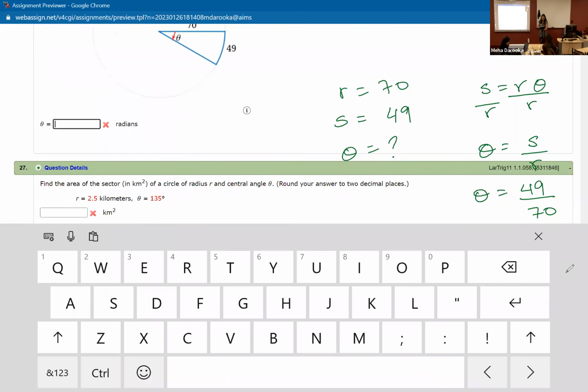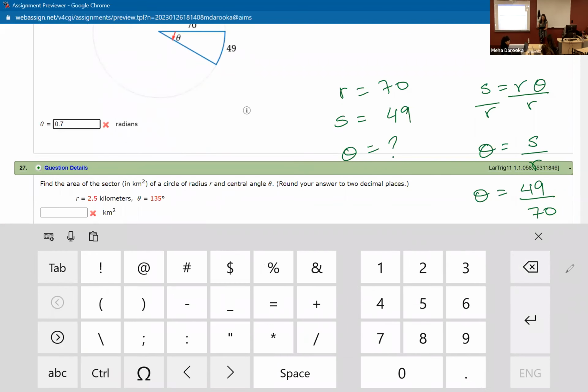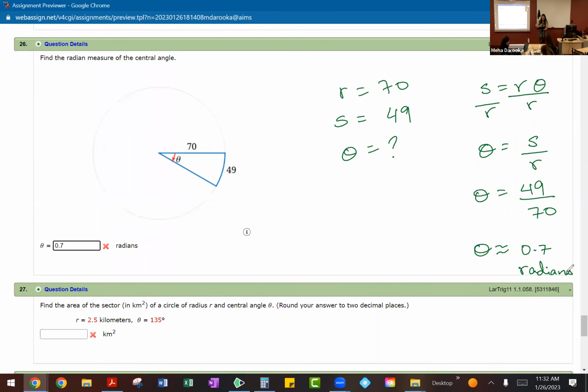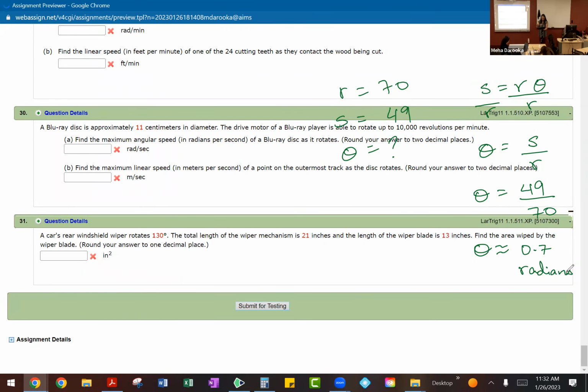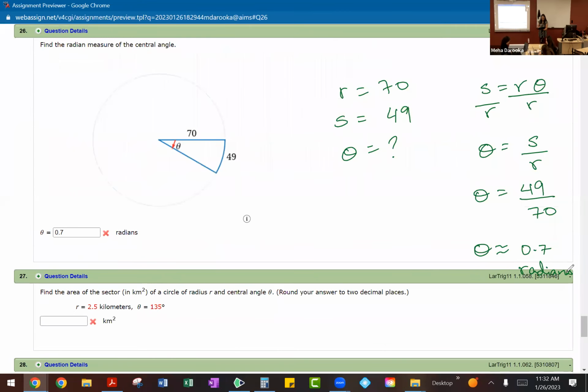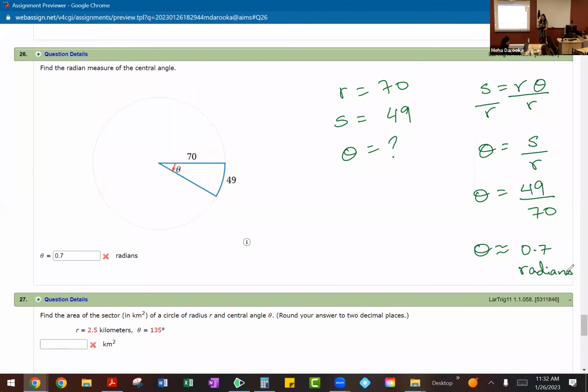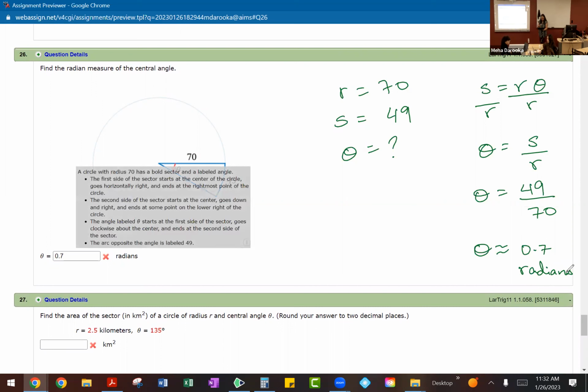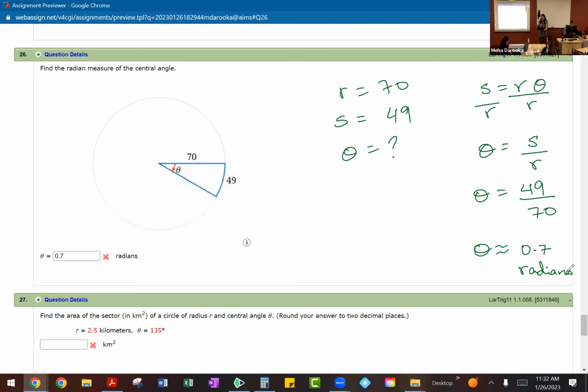So let's see what this says. Hey, what happened? Find the radian measure of the central angle.